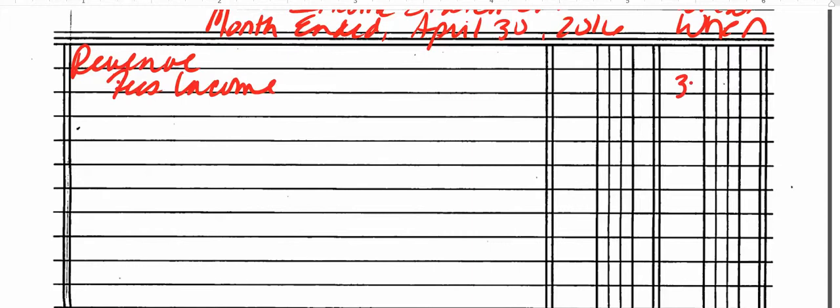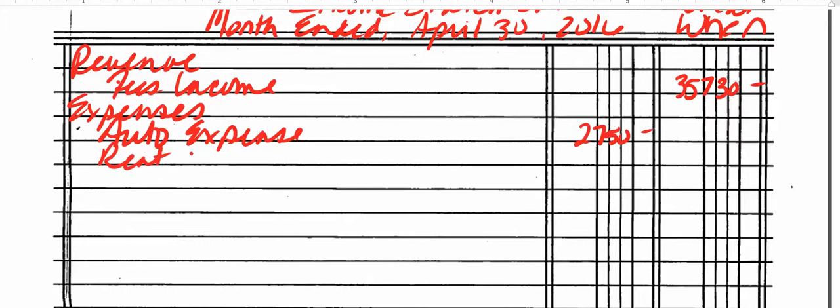It was $35,730. Our expenses are auto expense. We're going to add these up on the left hand side. Seems like we're doing a lot of repeating ourselves, huh? Rent expense.